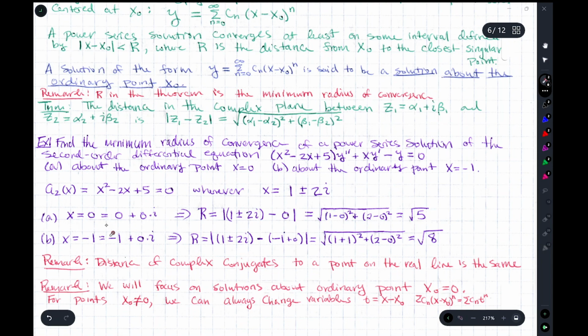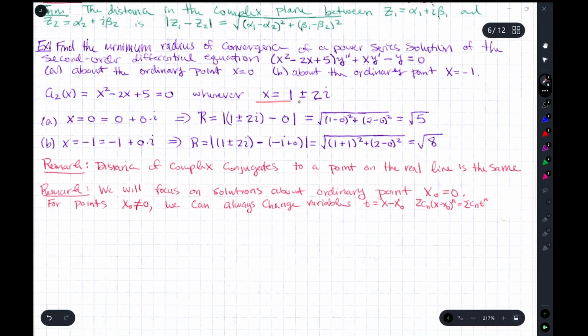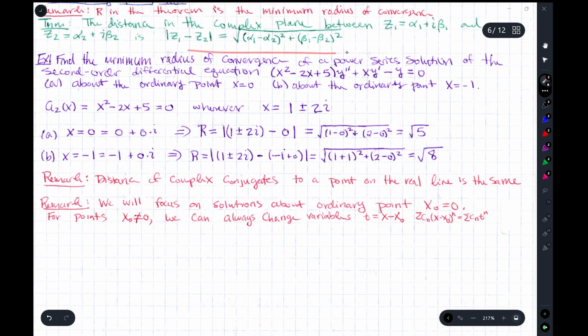Now what's the distance between 0 and 1 plus or minus 2i? We just use this formula, where 0, if you want to write it in terms of complex numbers, is this, and you apply the formula and you get this.